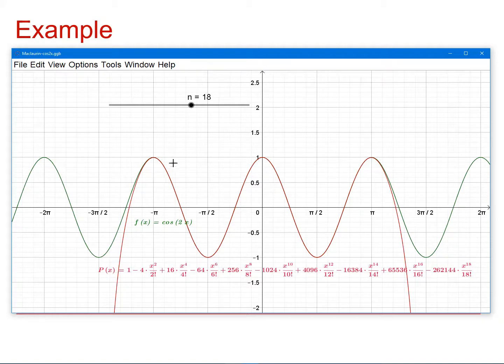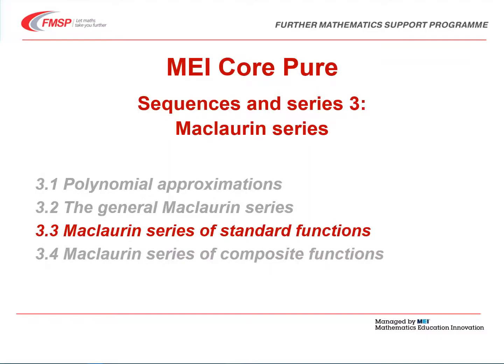And if we were using some kind of calculator or computer program to evaluate this, we'd have a pretty good way of evaluating cos 2x just by using a polynomial of degree 18. And calculating that is relatively straightforward. The next video in this sequence is 3.3, Maclaurin series of standard functions.